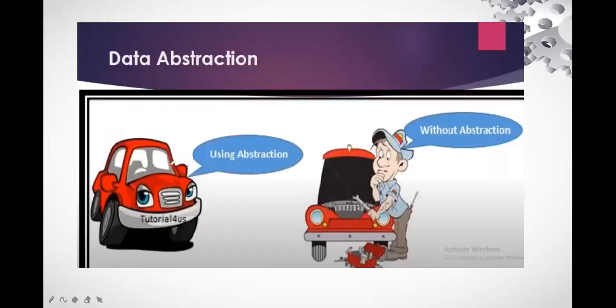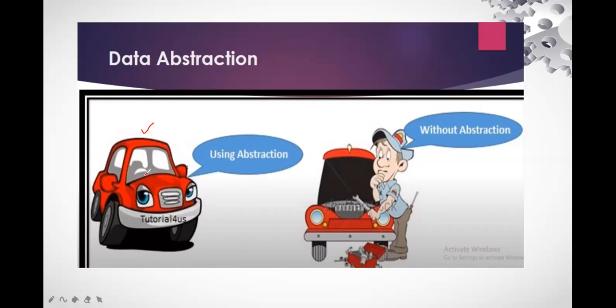Now we take one more example, such as the one I took yesterday also, an example of a class, that is a car, right? When I'm talking about this particular car, this is an object. Now, where abstraction is being used: the driver does not know the detailing of the engine, how the engine is being started.